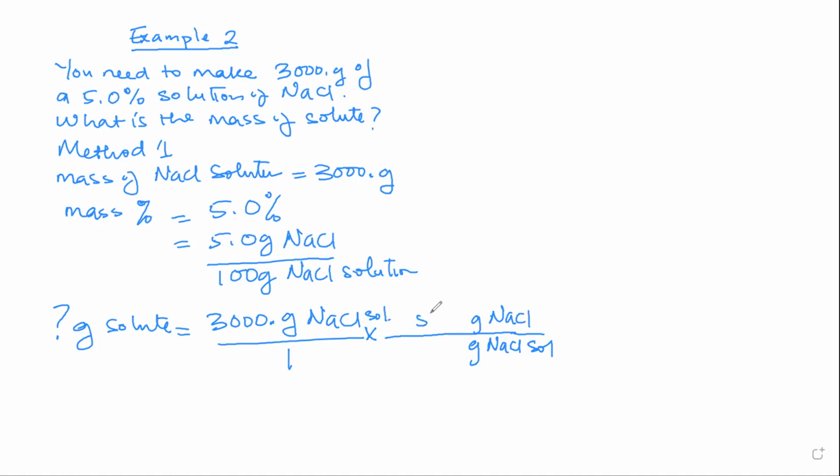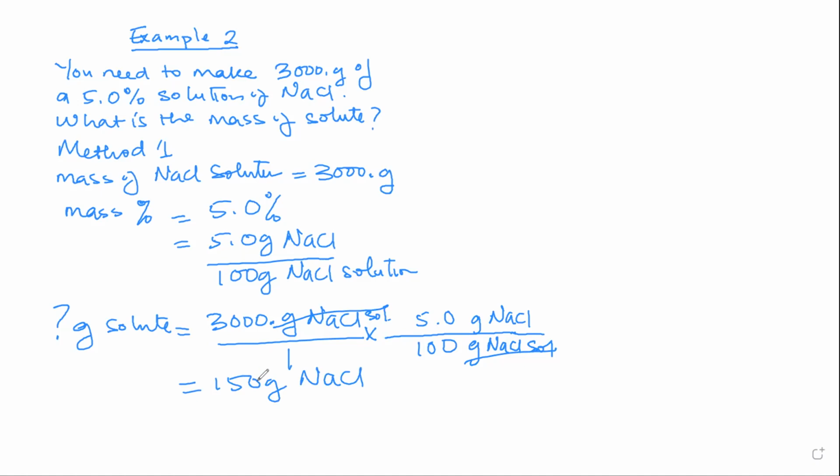So we have 5.0 over 100 grams. This cross out, this cross out. Then we will get our grams of solute, which is the mass of solute, will be 150 grams of sodium chloride. This is one way of solving it.